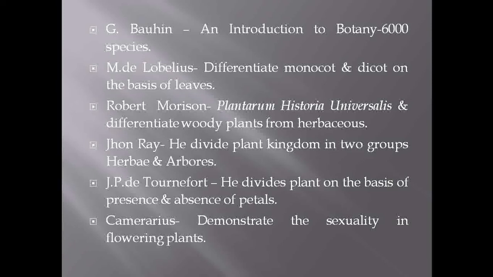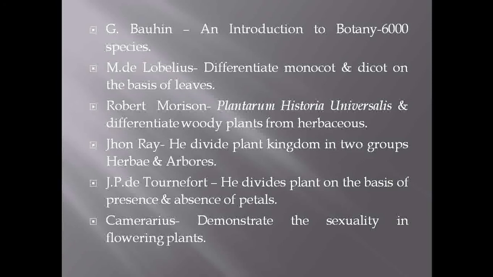Then the next scientist, M. de Lobel, differentiated the monocot and dicot plants on the basis of their leaf characters. Then the scientist Robert Morison wrote a book called Plantarum Historia Universalis and differentiated the woody plants from the herbaceous ones.